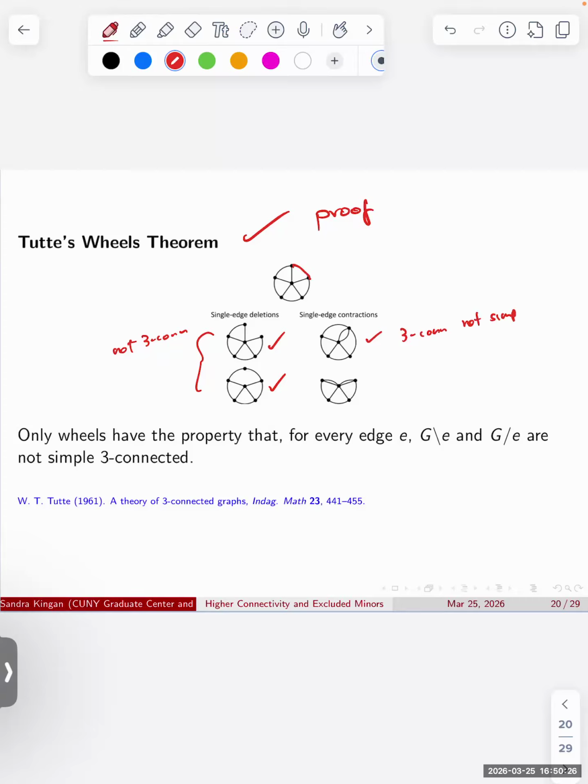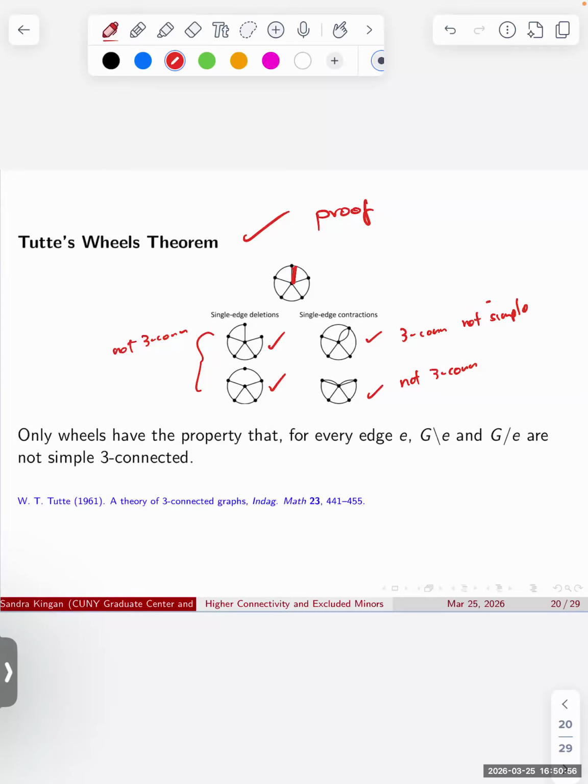You mean contract, right? Sorry, contract. Yes, thank you. And if you contract this edge, right, then you get this graph. And that is not 3-connected, right? So wheels are very special. They're the only ones with this property.